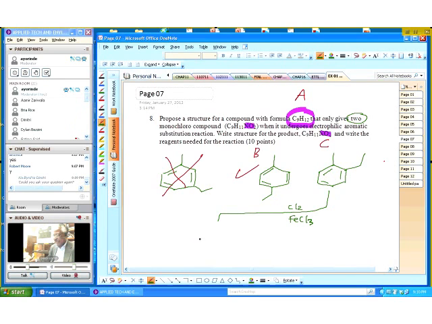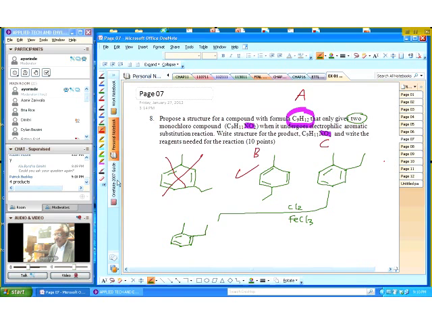Chlorine could go here. That's one, that's an ortho position to this. Oh, it forms 4 products. Patrick already told us, but just for the sake of this exercise, to show everybody what this is. Patrick said 4 products. Let us see whether Patrick is right.